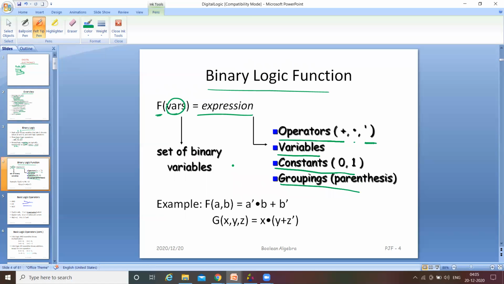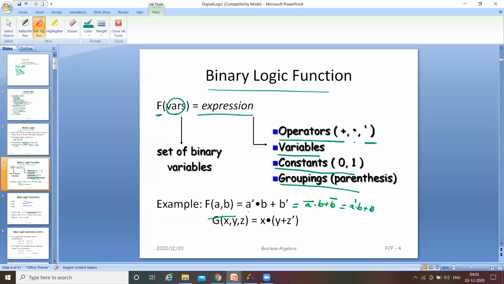An example of a Boolean logic function is: f of a comma b is equal to a prime, which can also be written as a bar, dot b plus b bar. Otherwise, simply it can be written like this: a prime b, and automatically a dot b should be understood here, okay?